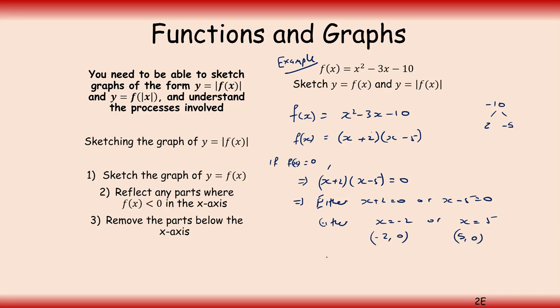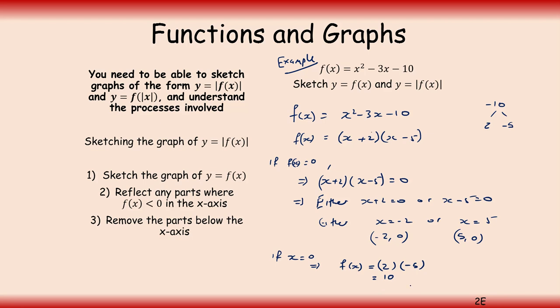What about if x equals 0? Well, that means then that f of x or y is going to be equal to 0 plus 2, so that's going to be 2 times 0 minus 5 times minus 5. So that gives us minus 10.